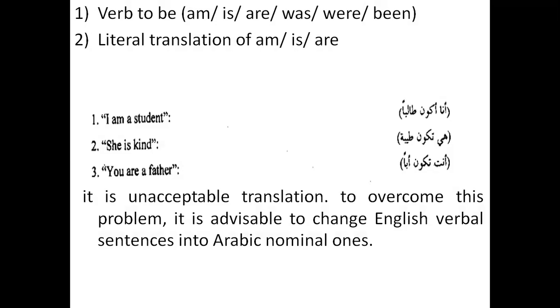So as we notice, we have the English verbal sentences, like "I am a student". Verbal sentences means sentences that include a verb, while nominal sentences do not include a verb, only nouns.